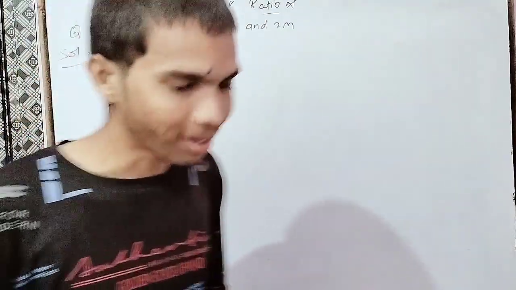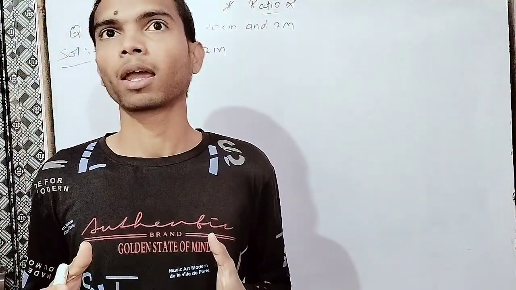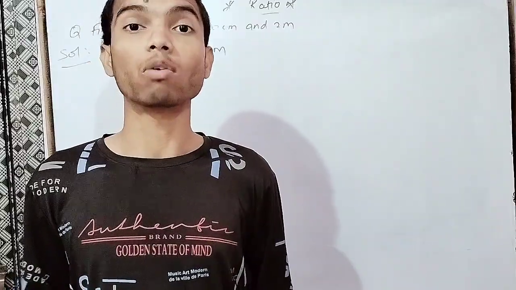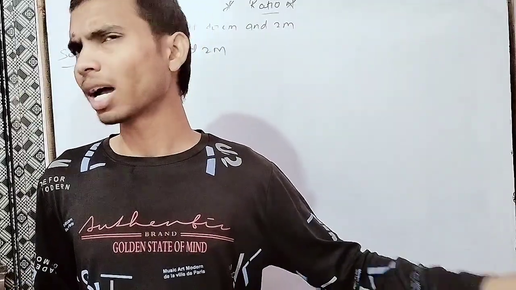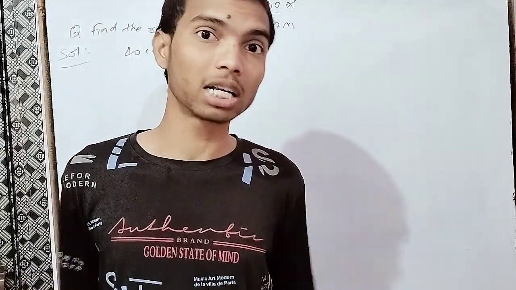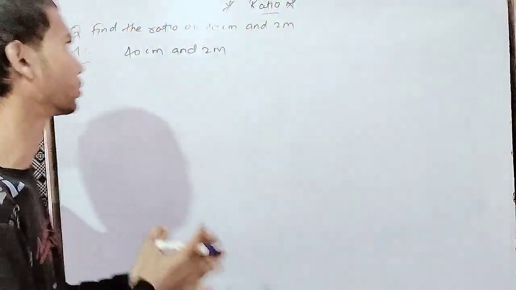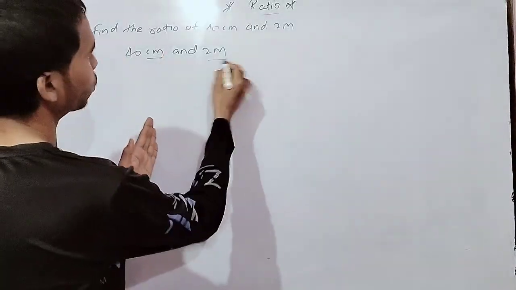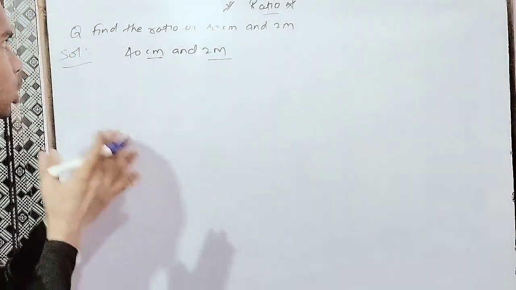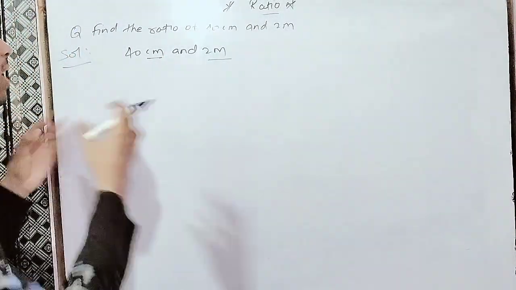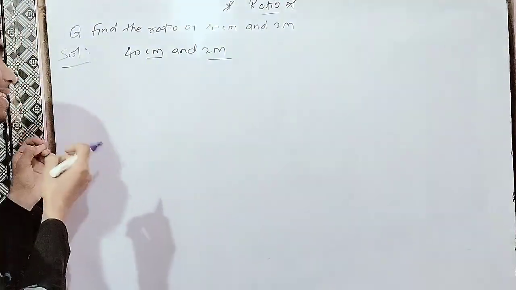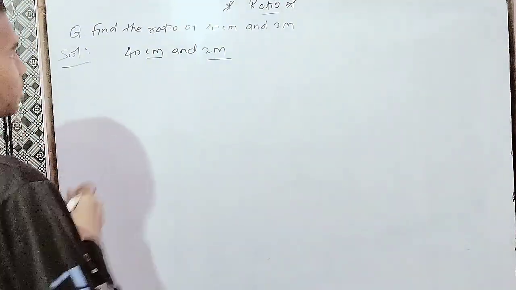Now we need to observe whether the units are the same or not. This is the rule of making a ratio. Here the two units are not the same, so we will have to make one of them the same as the other.